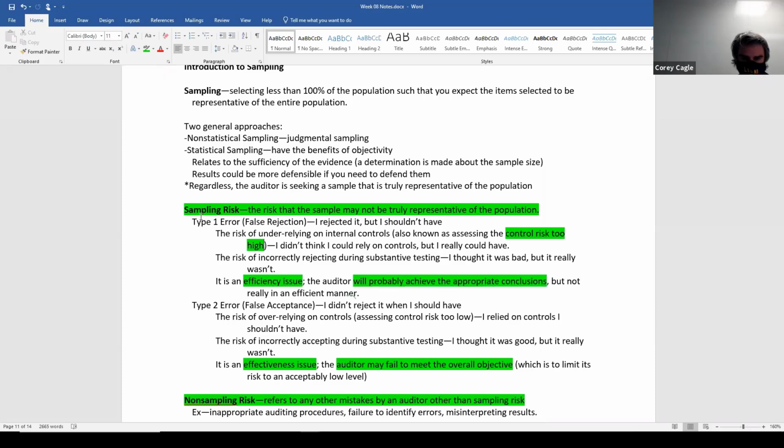I said it was bad, but it was okay. I said control risk is high, and it shouldn't have been as high as I thought it was. I am under-relying on controls is another thing to keep in mind. They can use any different ways of saying the same thing, and they often do use all these different ways of saying the same thing. So: assessing control risk too high.